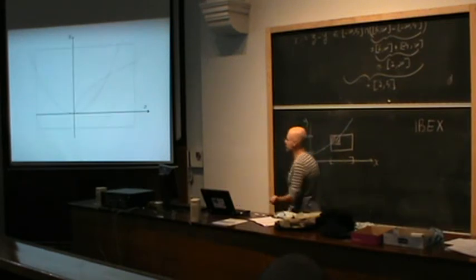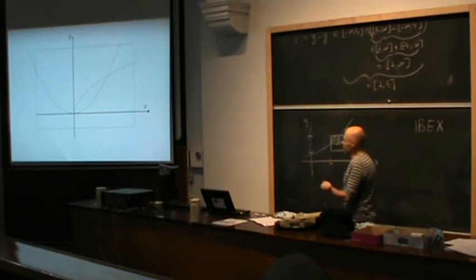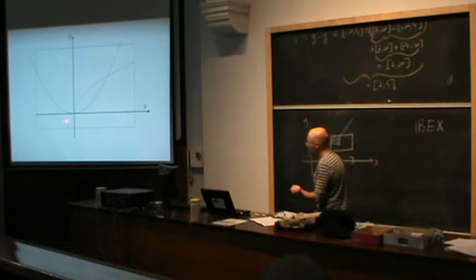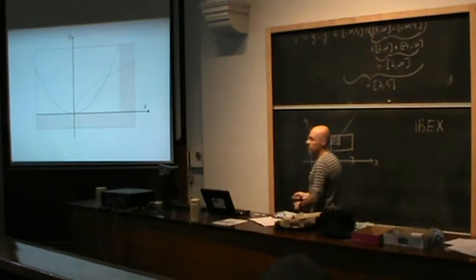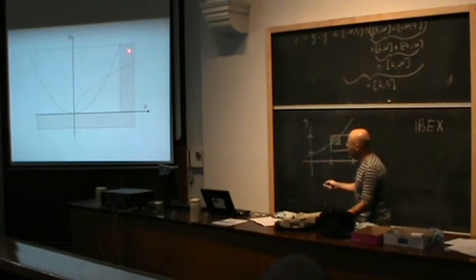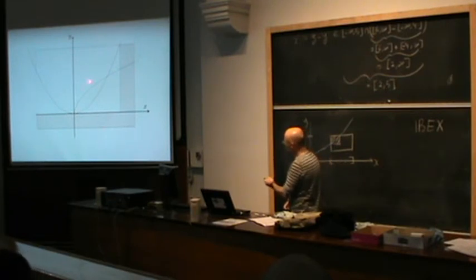Let me explain. I have my two equations. I have the initial box. I will take first the parabola, and I will apply the first contractor. The first contractor removes the gray part. Then I will apply the second contractor.